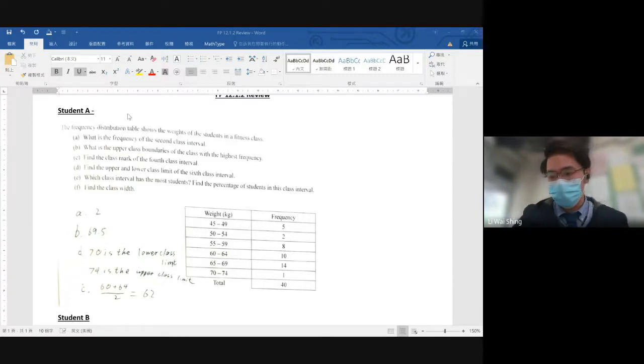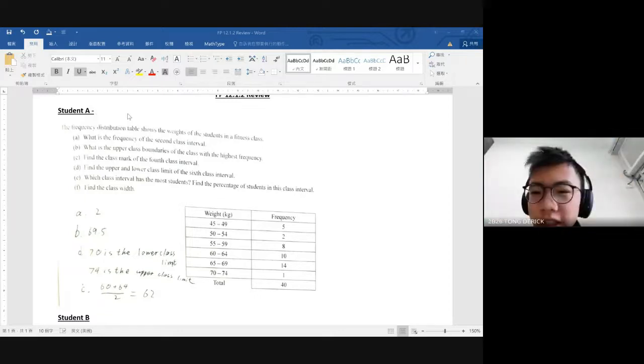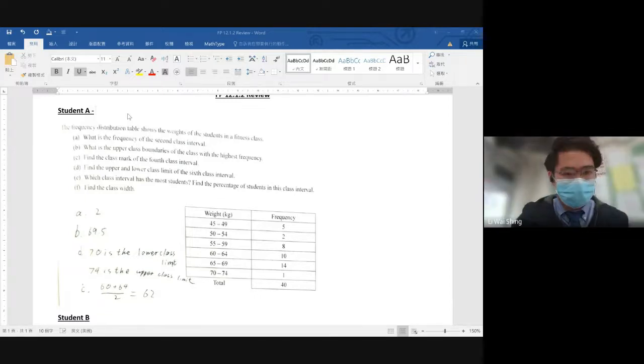Can anyone guess? No unit. Yes, great. Where is your unit? Oh, not A. A is okay, but B, C, D, they don't have a unit. So where's your unit? I'm asking you about the upper class boundary. That means you need to show me the upper class boundary is 69.5 kg, because there is a unit here.